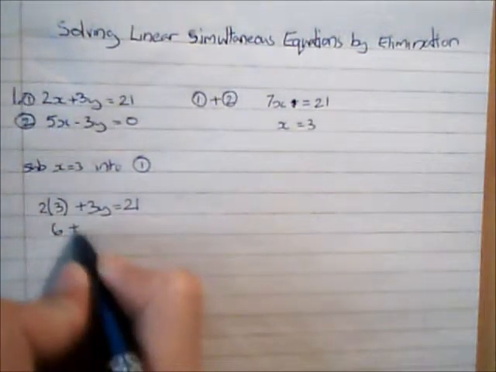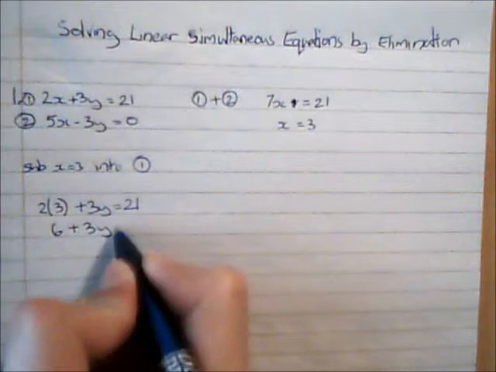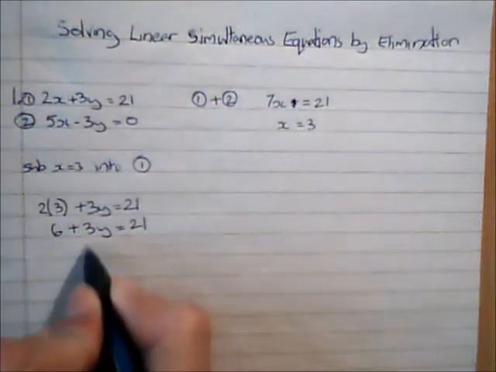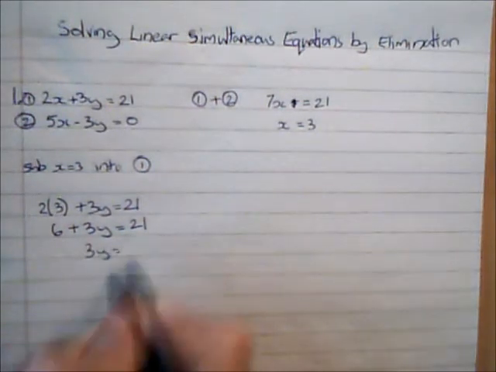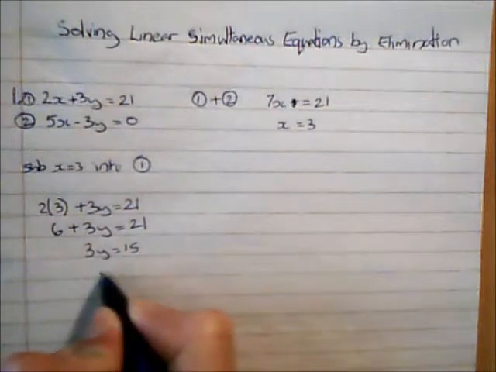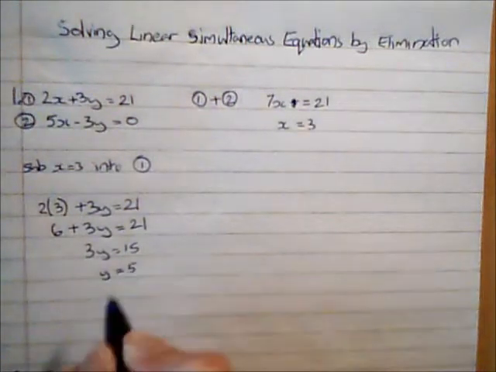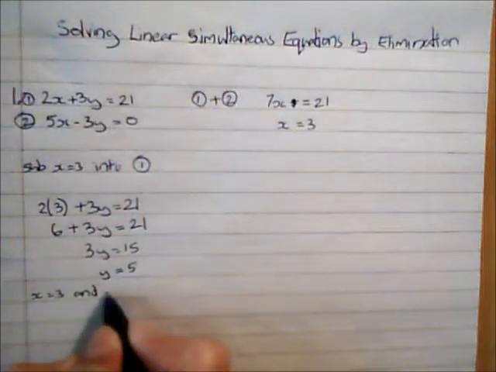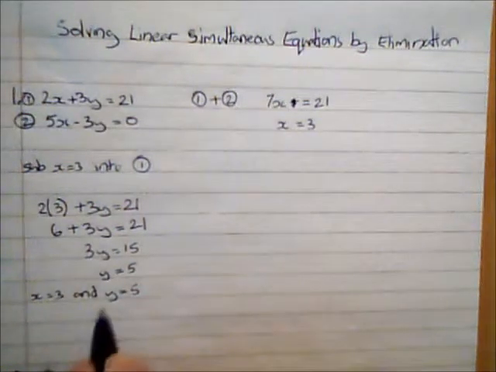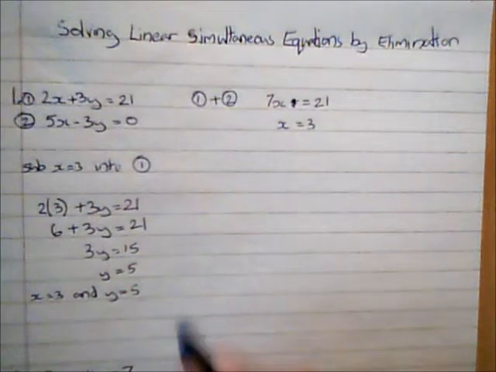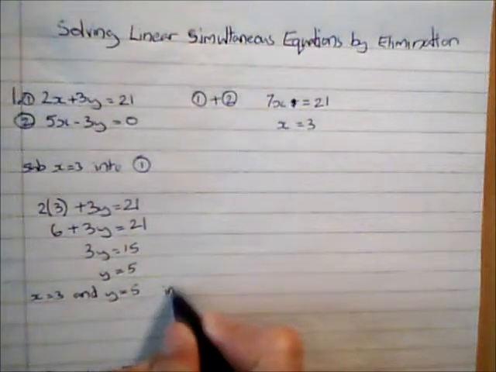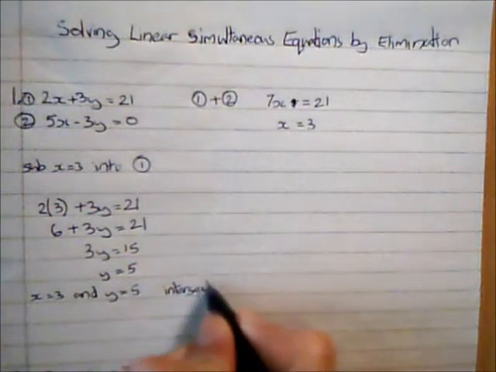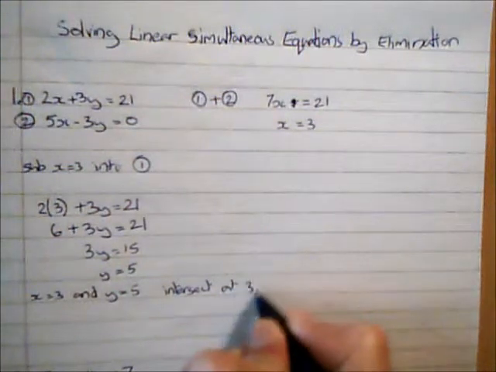So 6 plus 3y equals 21. So 3y is 15 and y is 5. So x equals 3 and y equals 5. And if we consider this graphically, that means they will intersect at 3, 5.